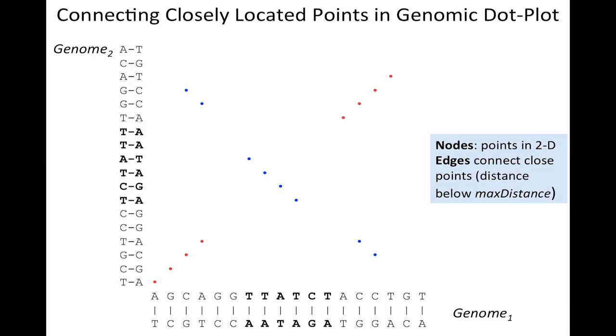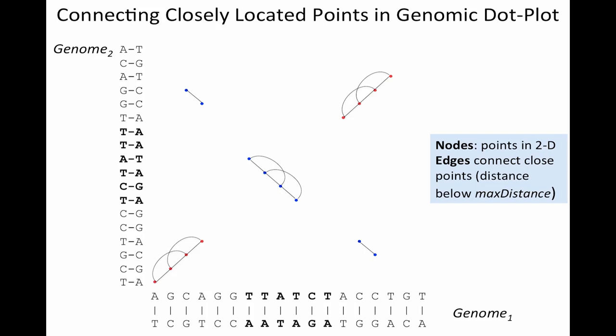And we will form edges in this graph by simply connecting closely located points. For example, points that are located at distance less than max distance, where max distance is a parameter. What will happen? We will connect certain points by edges, and you can see from here that diagonals actually correspond to connected components in this graph.